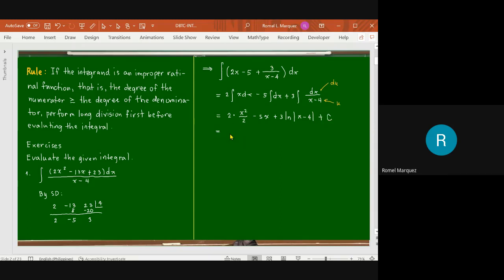Simplifying the first term, we have x squared, then copying the rest: negative 5x plus 3 ln of absolute value of x minus 4, plus c. Okay, guys?